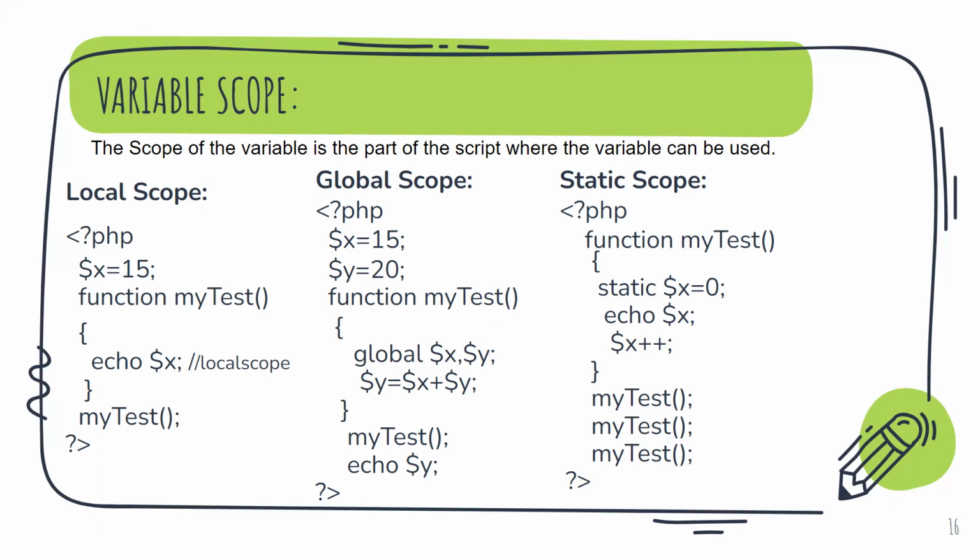The x is not accessible within the function block. However, if we try the second method, which is global scope, I have already declared x and also y at the beginning. Now I'm saying within my function that the x and y variables have already been declared as global variables.